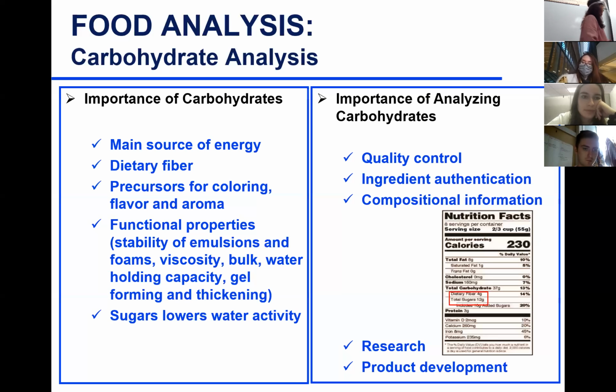So these are just examples of what we analyze carbohydrate for. There's a lot of different methods that we will be covering: analyzing reducing sugars, analyzing small sugars and oligosaccharides, analyzing starch, analyzing dietary fiber. So we will be covering a lot of these different methods.